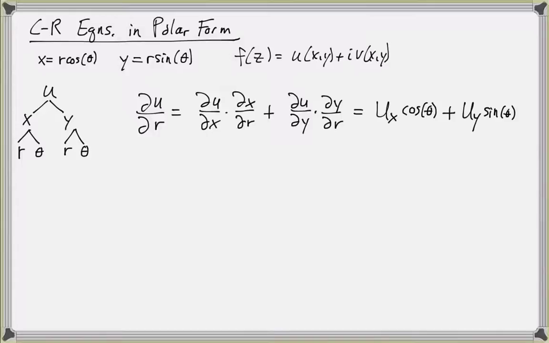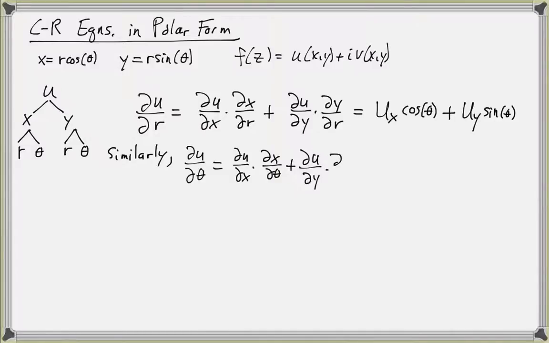So we get the derivative of u with respect to r, this formula. Similarly, the derivative of u with respect to theta will be the derivative of u with respect to x times the derivative of x with respect to theta, plus the derivative of u with respect to y times the derivative of y with respect to theta.